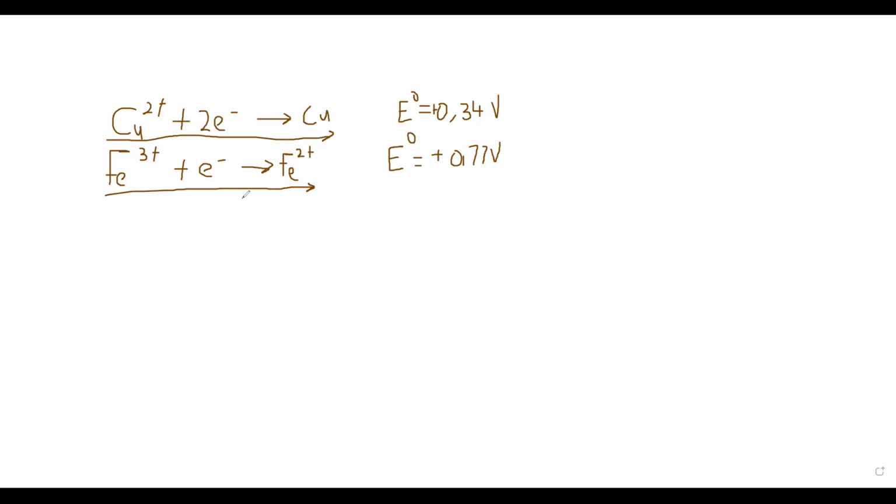So for the oxidation half reaction, we're gonna have Fe2+ giving us Fe3+ plus an electron. So it went from a reduction half reaction to an oxidation half reaction.